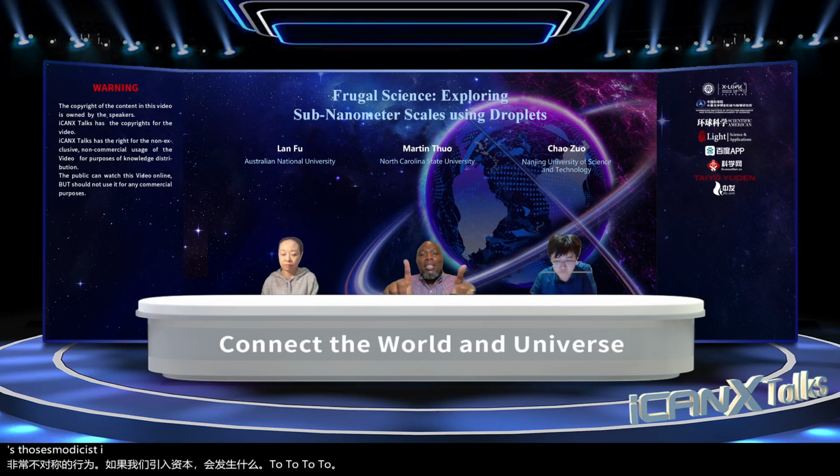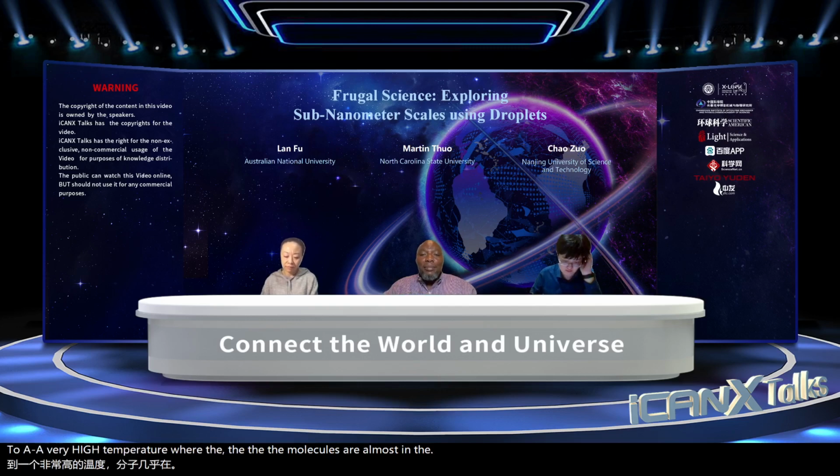How are the molecules going to interact with each other? And what is the energy that is going to be needed for us to retain the interaction compared to a very high temperature where the molecules are almost independent? So it's a good question, but I don't have a.